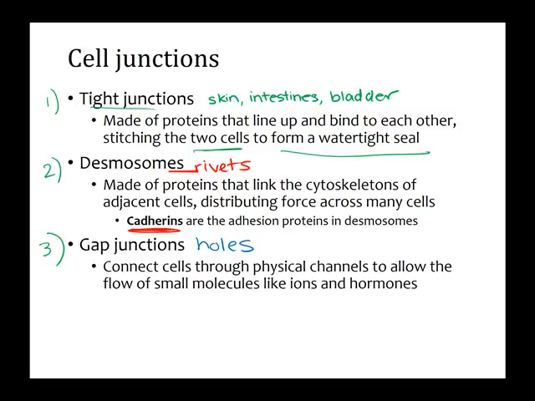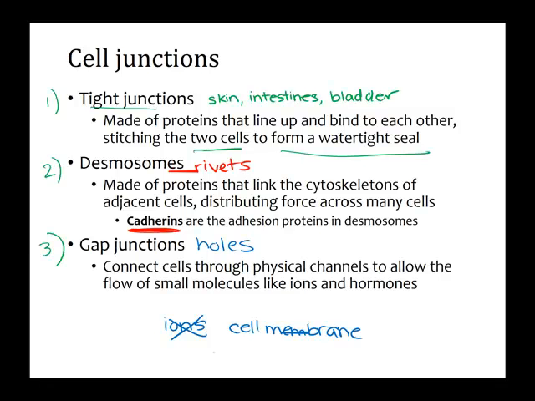So they physically allow nutrients, ions, signaling molecules to go from one cell to the other. Remember most of the time, especially ions, cannot get through the cell membrane. So these gap junctions allow very fast, easy flow of ions from one cell to another cell without having to cross through that pesky cell membrane.